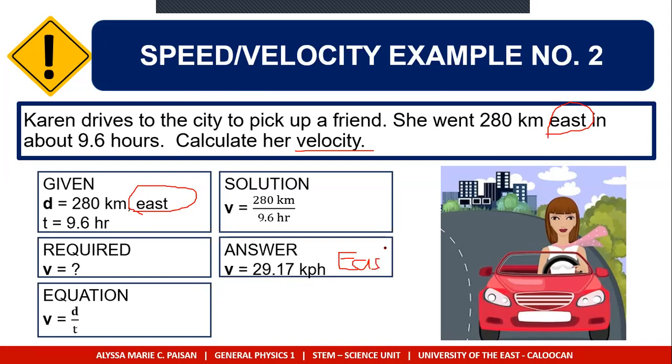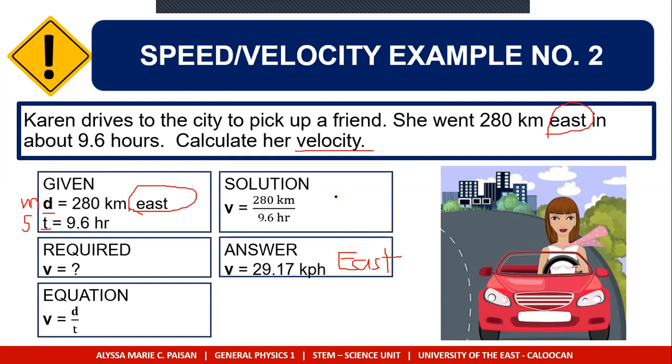So as you will notice, the displacement and the time are not in standard units or SI units, because for displacement, the SI unit should be meter, and for time, we should have seconds instead of hour. Now, why didn't I convert?